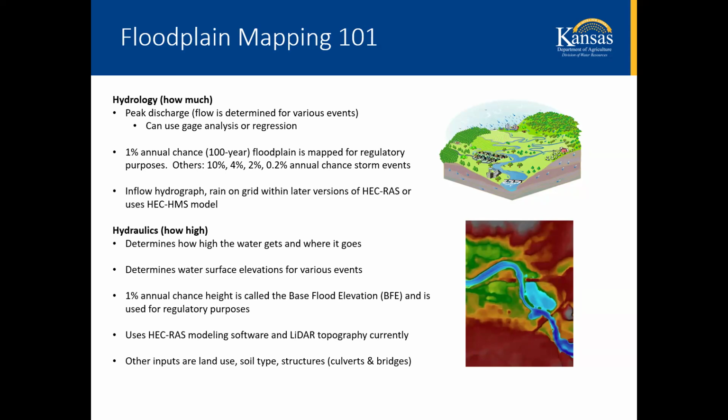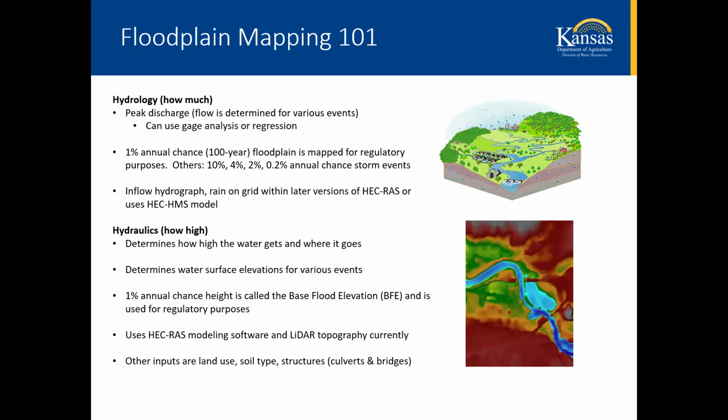As part of the mapping process and those studies, the other frequencies or annual chance storm events are also documented or mapped even. So the 10%, 2%, 0.2% are often mapped, or they're at least part of the flood insurance study.